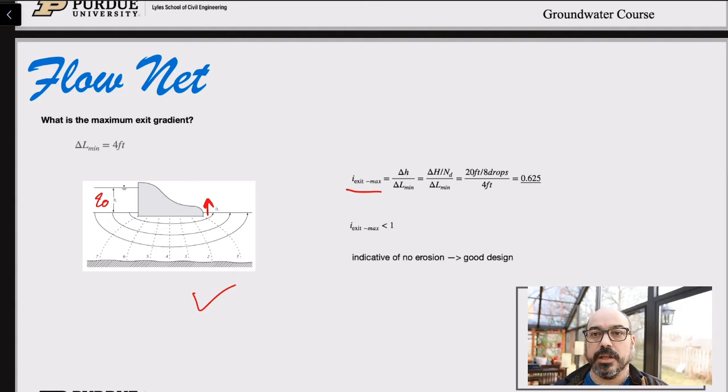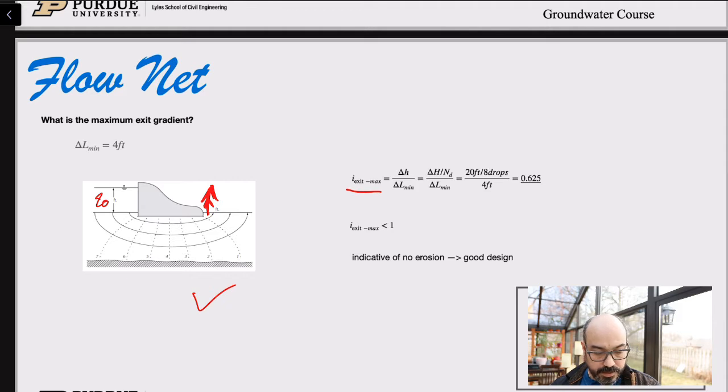Imagine if you have a ton of exit velocity, a ton of flow coming up here. Now we start to erode at the toe of that structure, and if you erode enough, the whole thing is going to become unstable and fail. So obviously we don't want that. This is a quick, simple calculation that we can do to ensure that our design is good.